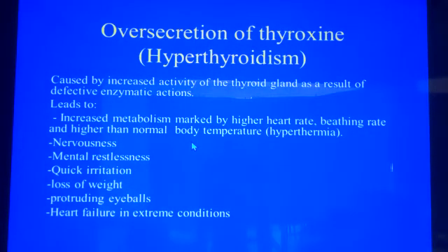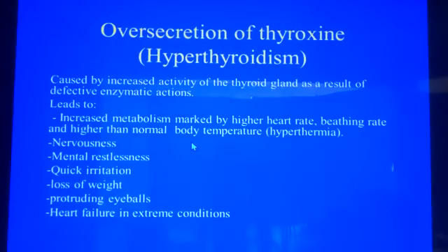Now, oversecretion of thyroxine is also very harmful. This condition is referred to as hyperthyroidism. This may be caused by overactivity of the thyroid gland as a result of defective enzymatic actions.